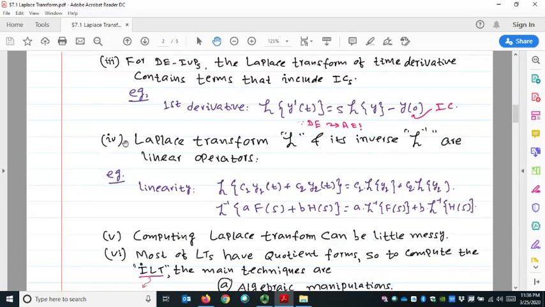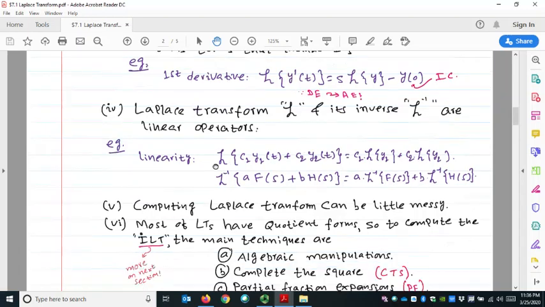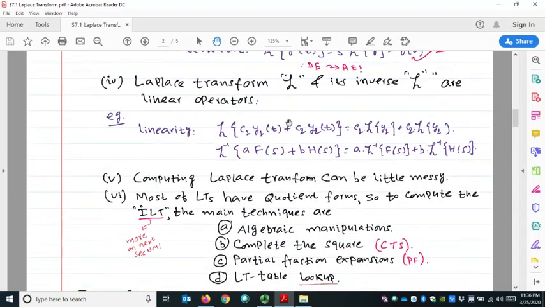Point number 4, the Laplace transform and its inverse are linear operators. They both satisfy the linearity conditions. Point 5, computing Laplace transforms can be a little messy sometimes. Just a warning.